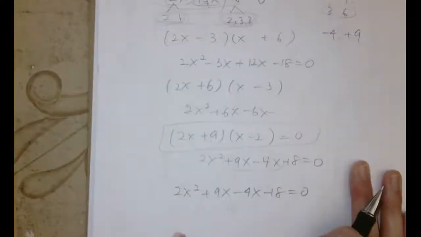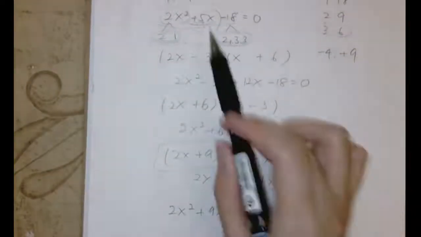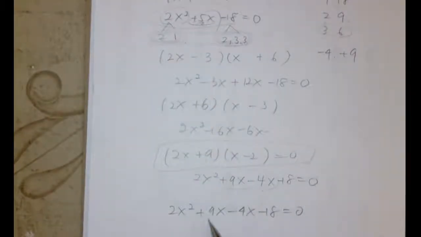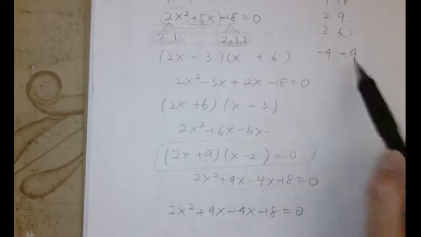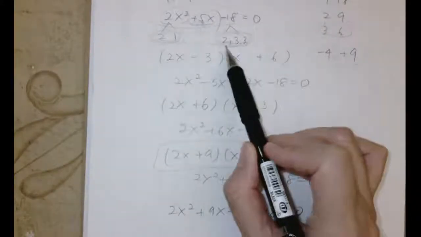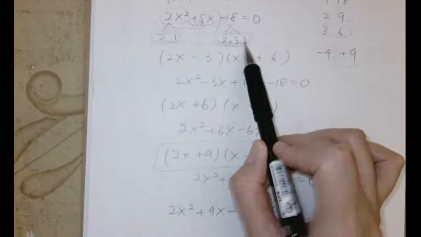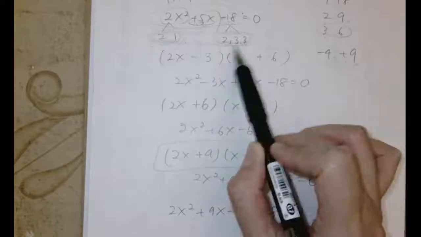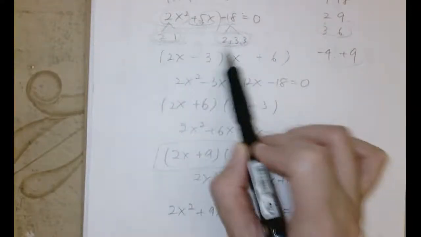The only thing I did was take the positive 5x and make it plus 9x and minus 4x. And these two numbers come from this. I was looking for the combination of numbers that multiply from the factors, the two numbers that I can make from these numbers. I can make 2 times 2 is 4, 3 times 3 is 9.